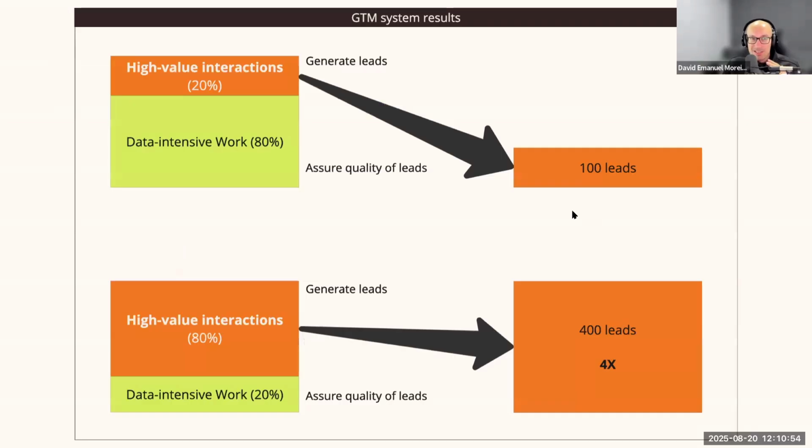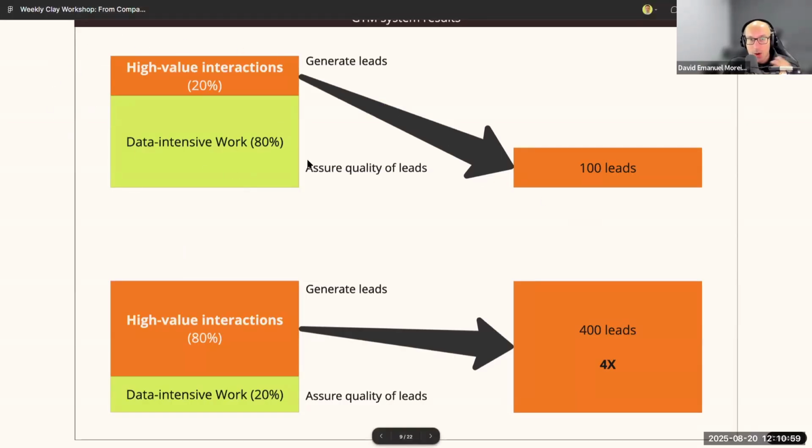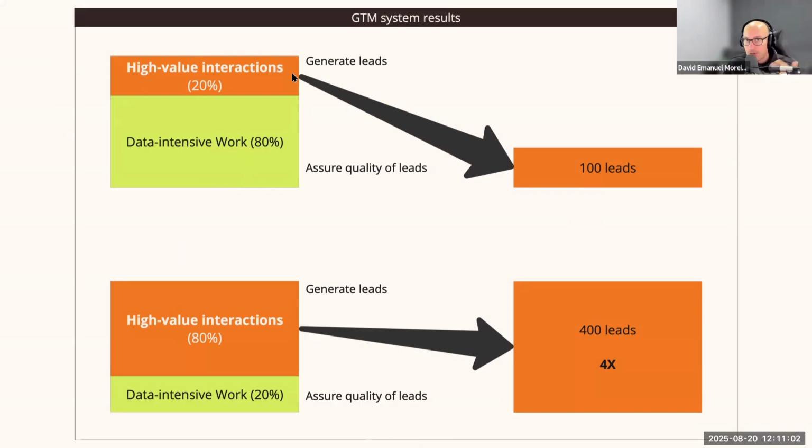So what we actually see is that if this bar represents all the hours that your team, or yourself, have available to invest in sales tasks, you might be spending 80%, 60%, 50% of your time on data-intensive tasks that you can automate, and only investing, let's say, 20% on high-value interaction tasks, like following up with leads, having conversations with them, and nurturing them. Those are the tasks that actually generate leads for you.